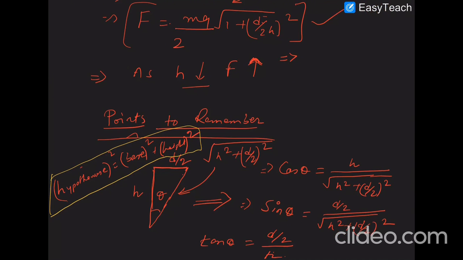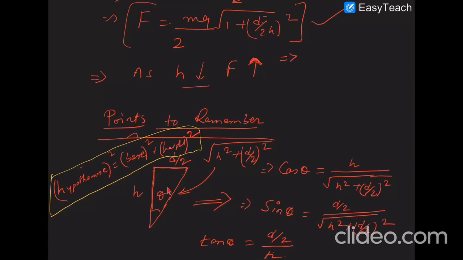Just to add at the end, the things you need to remember, like the Pythagoras theorem, because that will relate the hypotenuse with the base and height. If any two are given, you can calculate the other one. Like if height and base are given, you can calculate the hypotenuse. If base and hypotenuse are given, you can calculate the height. Similarly, other unknowns can be calculated.